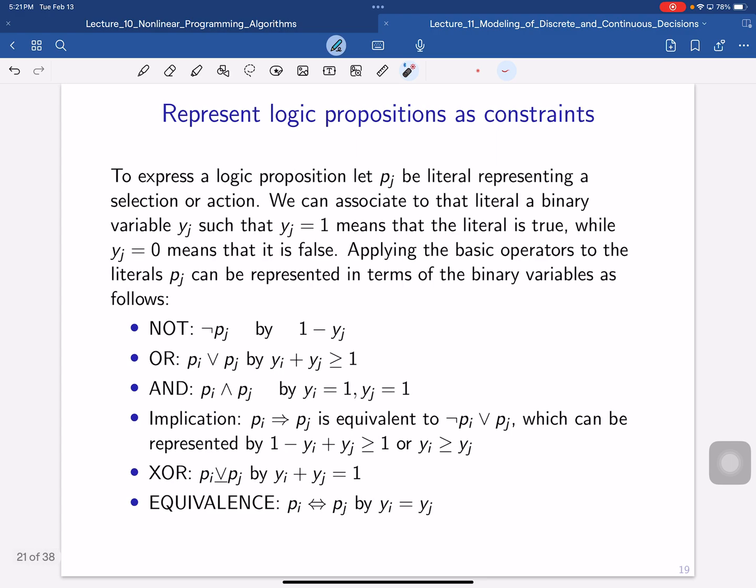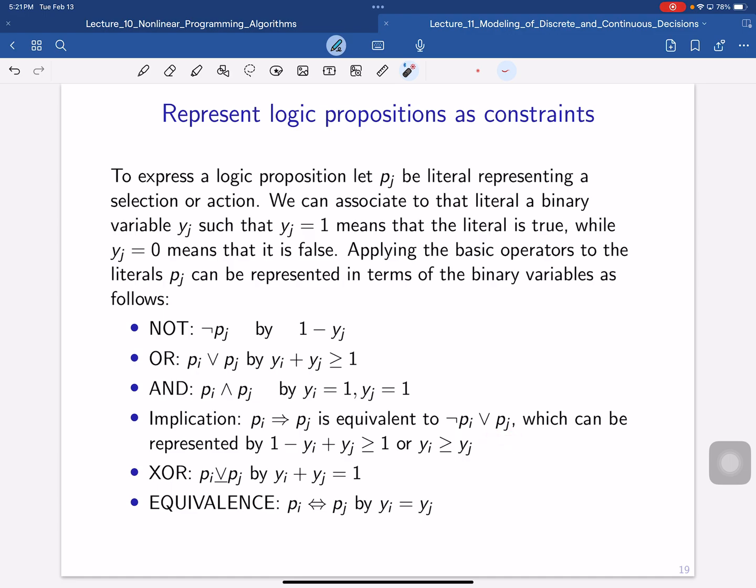And if you want to say pi or pj, that means at least one of these binary variables is equal to 1. Then you can represent this as yi plus yj greater than or equal to 1. And if you want to express pi and pj, then yi and yj both have to be equal to 1. And the implication can be written equivalently as not pi or pj, right?